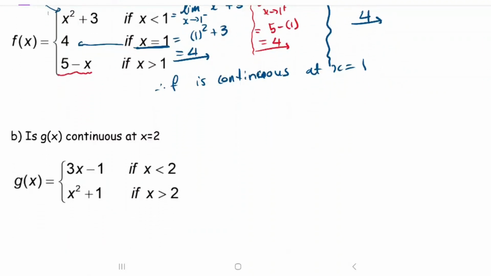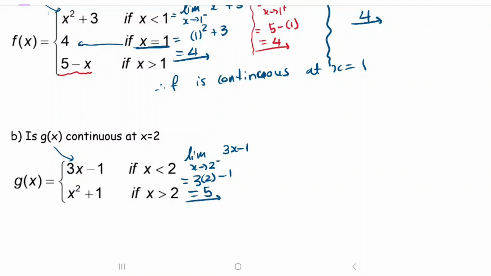Let us look at the next example. The first thing we'll do is take the limit as x tends to 2 from the left. As x tends to 2 from the left, it will inevitably bump into that function first, 3x minus 1. We then want to check this limit. Wherever we find x, we substitute 2. That gives us 5. So that is perfect.